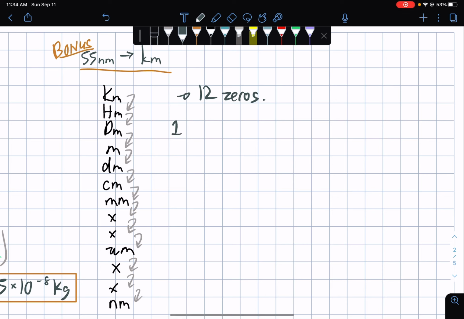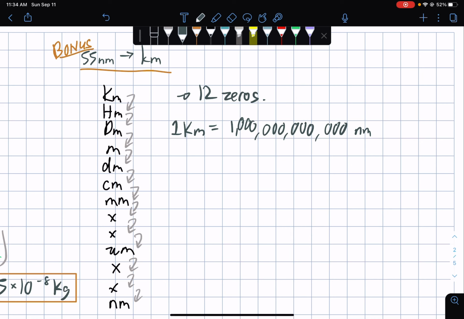So, what's our higher value? It's in kilometers. 1 kilometer is equal to how many zeros in nanometers? 1, 2, 3, 4, 5, 6, 7, 8, 9, 10, 11, 12. So this is 1 trillion, if I'm not wrong. Thousand, million, billion, trillion.